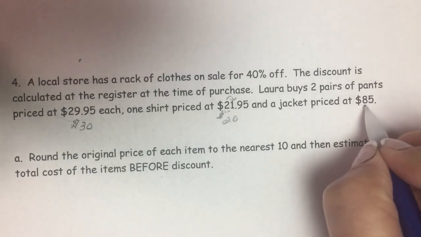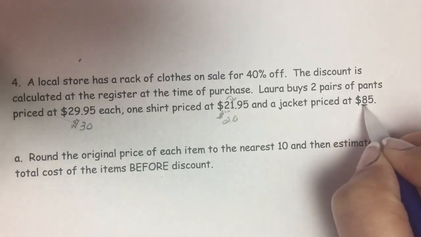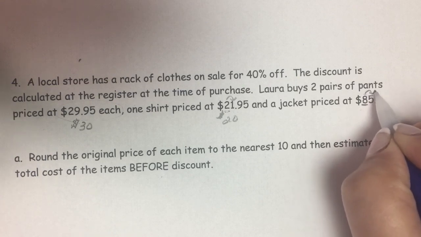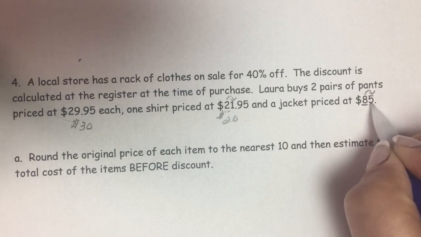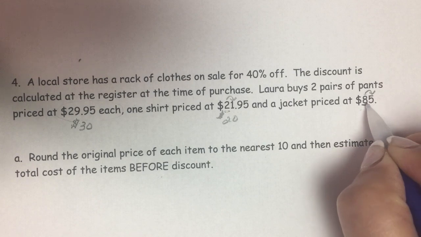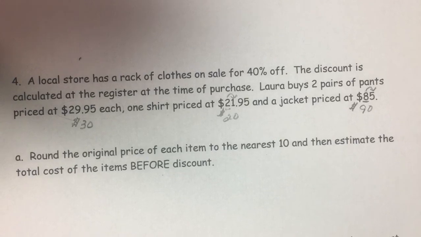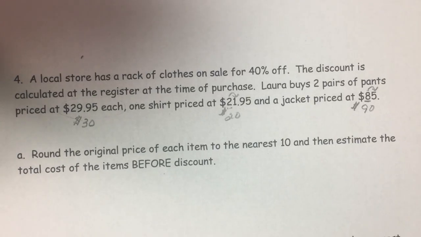And 85, if I round to the nearest 10, now technically it's right in the middle, but with the rounding rules, if I go 1 to the right, what does that 5 do to that 8? It makes it a 9. So there are your prices to the nearest 10.